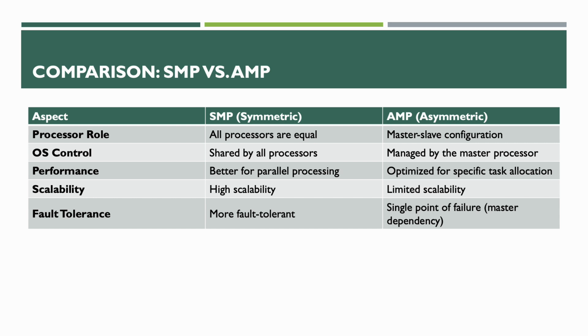SMP is more fault tolerant as there is no single point of failure. If one processor fails, the system can continue running using other processors. But AMP has a critical weakness: if the master processor fails, the entire system stops functioning, which makes it less reliable for mission critical applications.